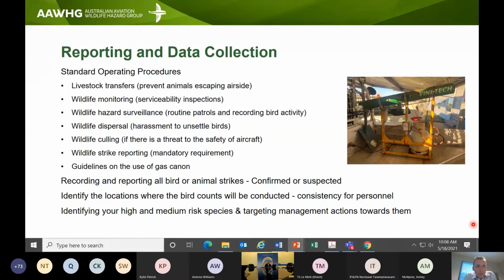If there is a need to cull birds, and that's generally if there's a threat to the safety of aircraft, we undertake culling, but it's not our first option. It's always about harassing and ensuring that the birds don't become settled on the airfield. But as I said earlier, if there is a genuine threat to aircraft safety, we will certainly use culling.